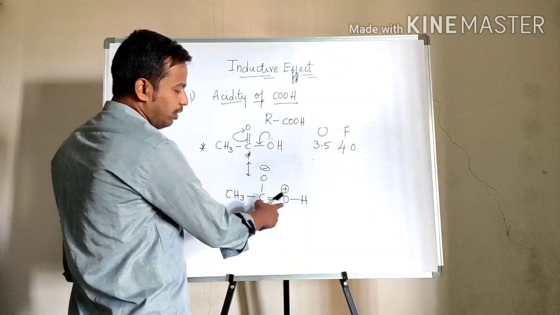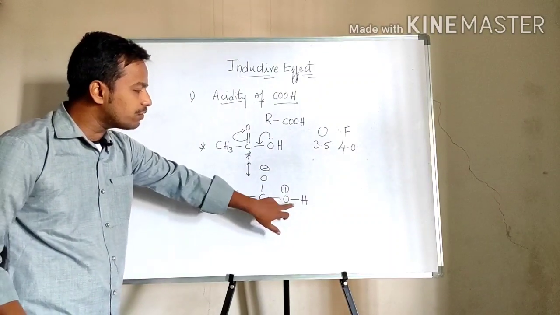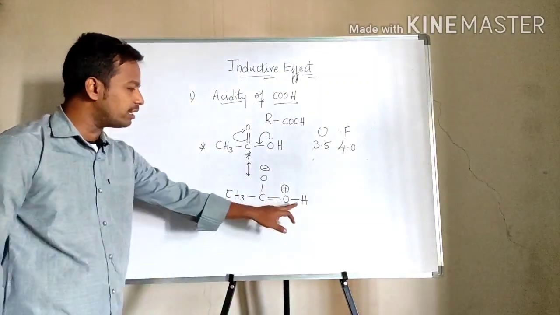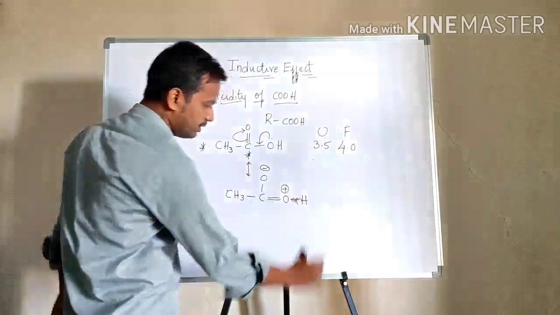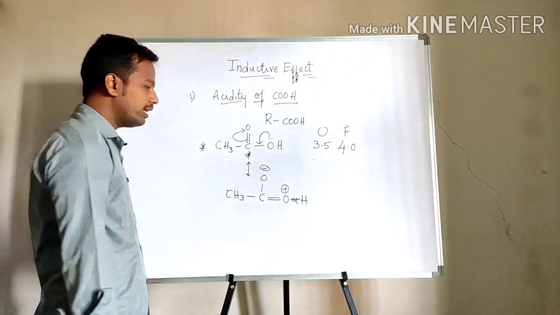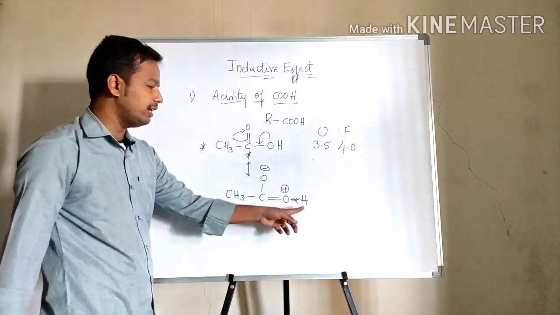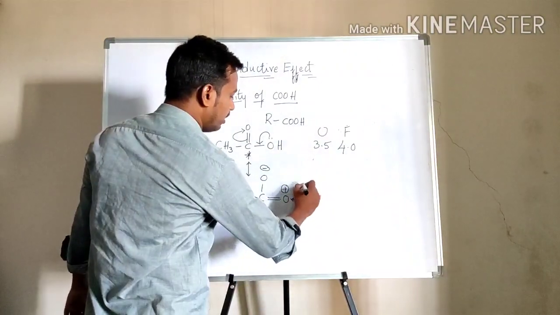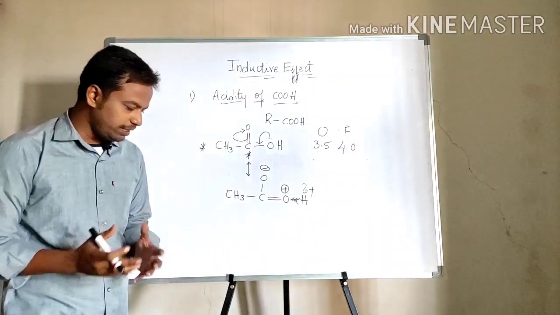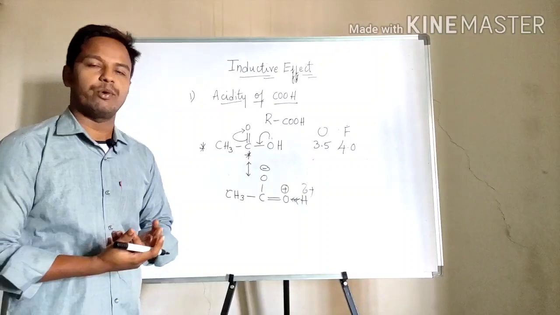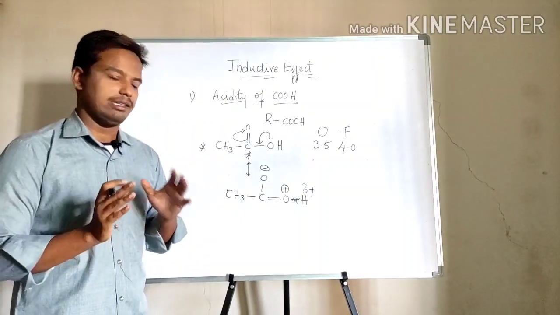Again, this positive charge is electron deficient, so it pulls the electrons from the shared pair of the bond. The electrons move like this, in turn making this hydrogen delta positive.